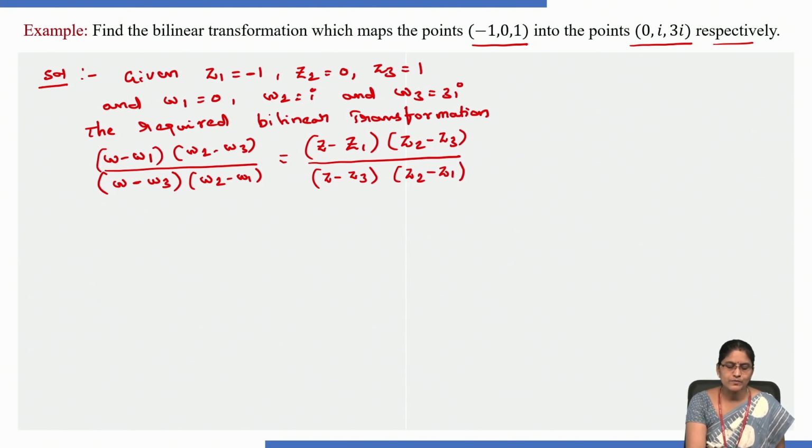Substitute the points. In place of z1 we have to take minus 1, z2 is 0, z3 is 1, and w1 is 0, w2 is i, w3 is 3i.